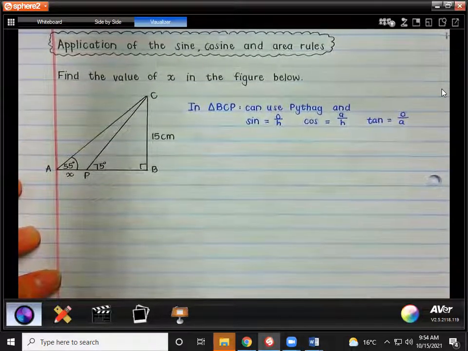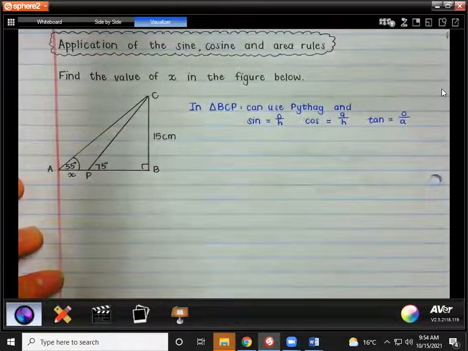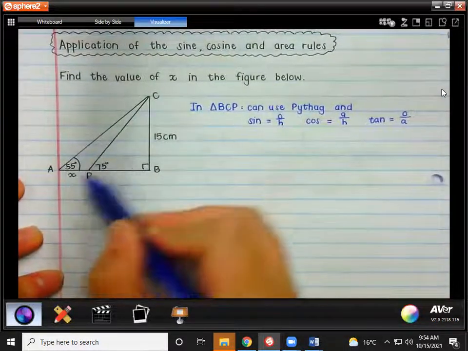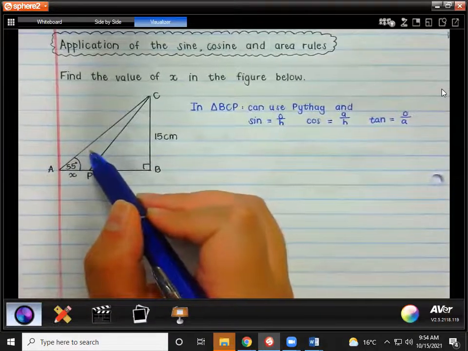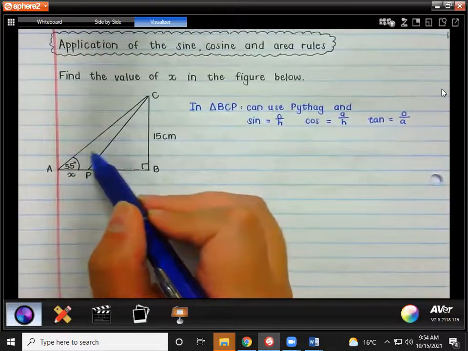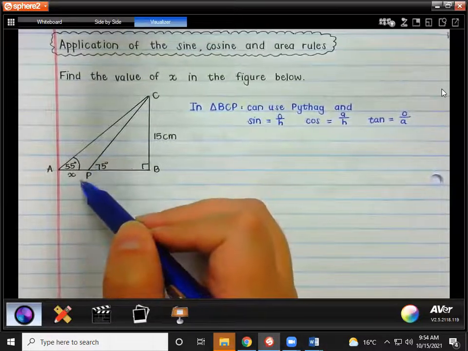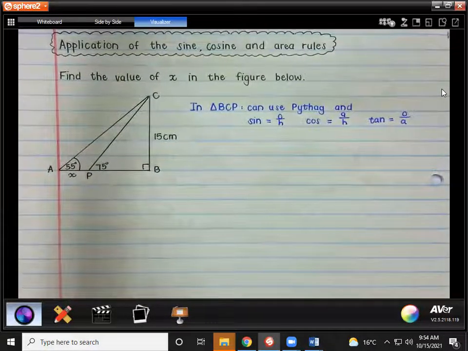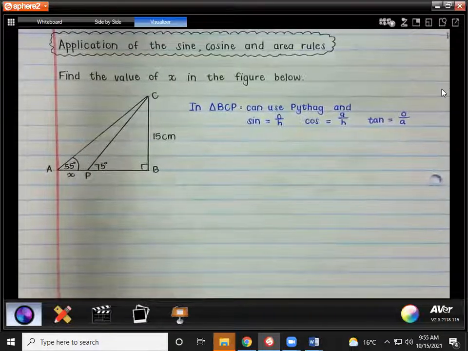Then we have ACP, which is this smaller triangle on the side here, which is not a right angle triangle. So what are we going to use in that triangle when we have to solve for x? We can use sine rule, cosine rule and area rule, if they ask us to find the area.